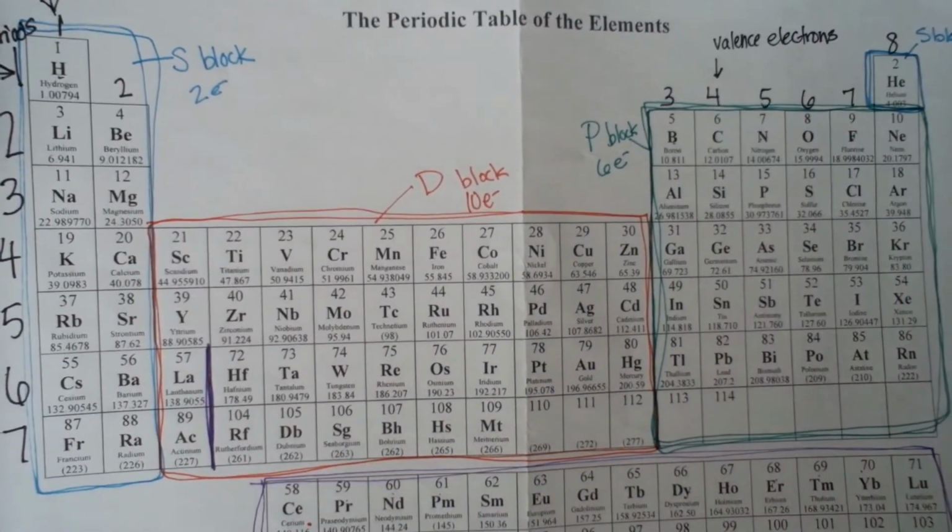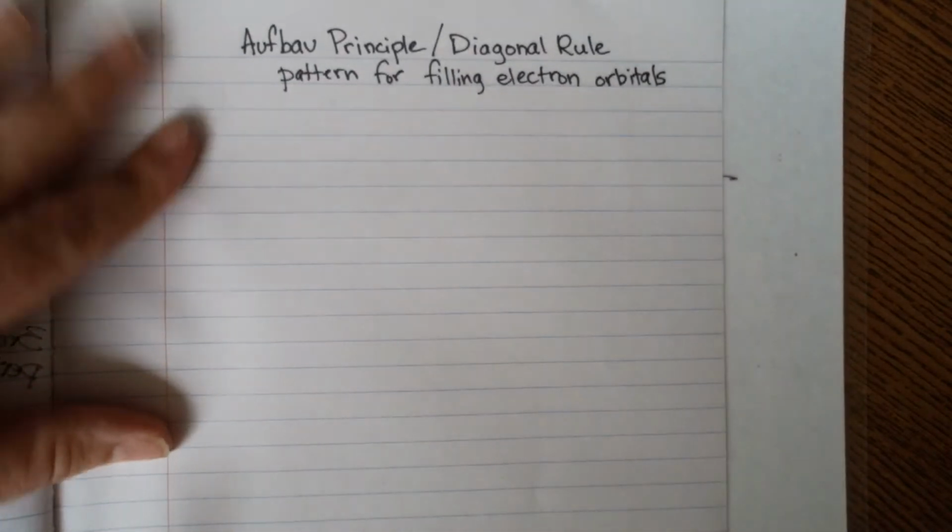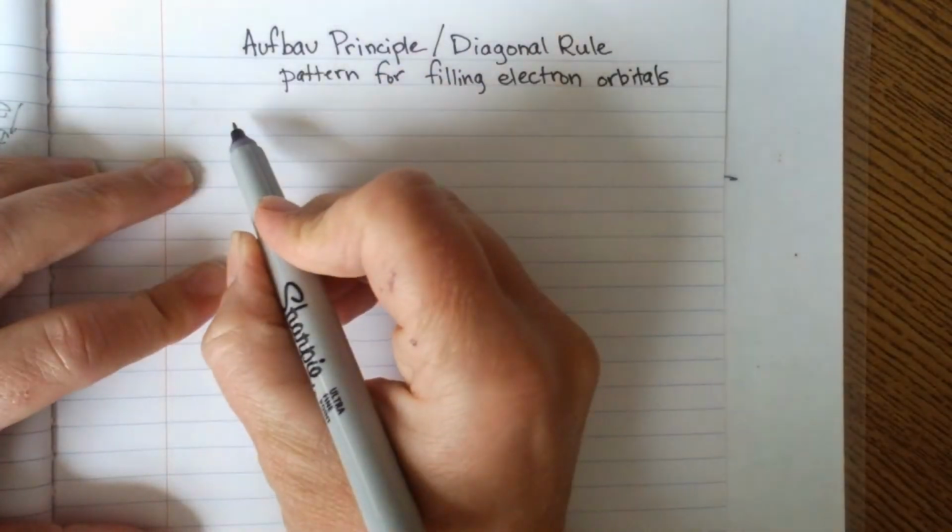Alright, now Aufbau, the beauty of Aufbau is that he created a way for us not to have to travel through the periodic table every time. So here's what he did, and you can see this picture in your lesson as well.